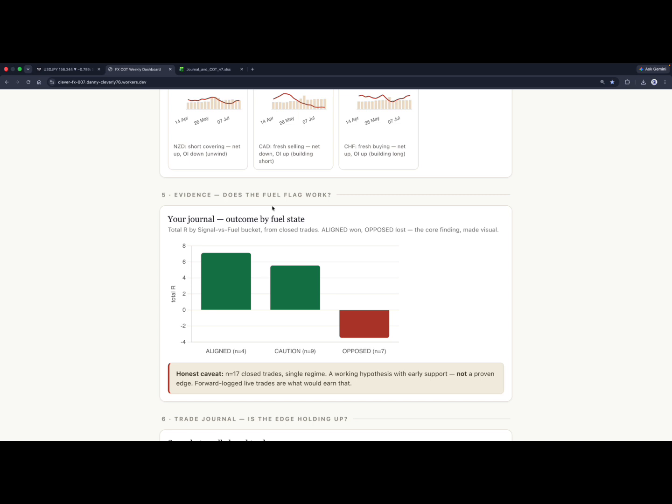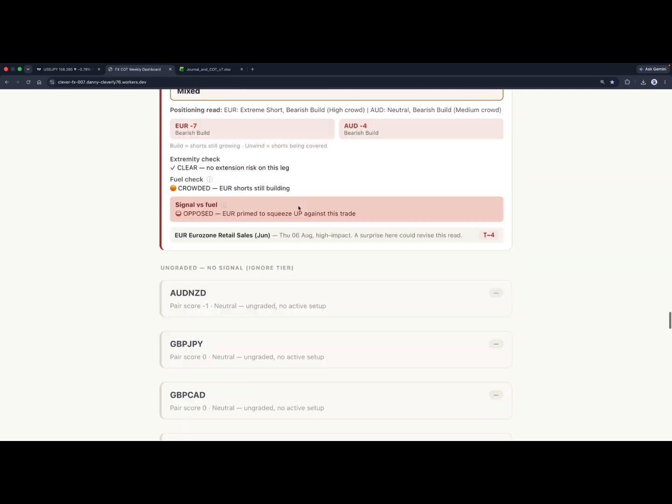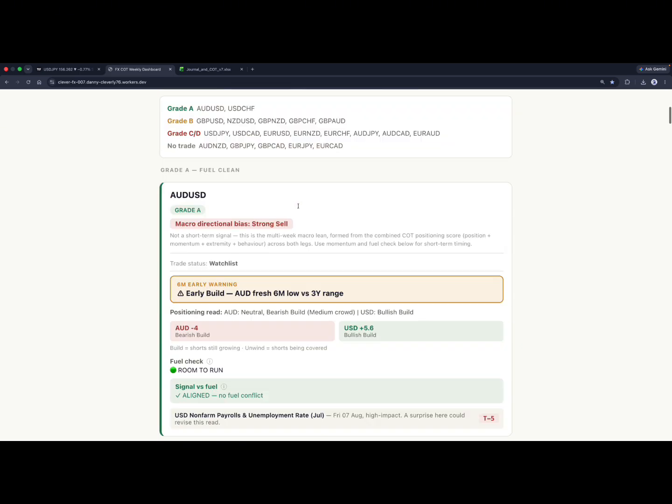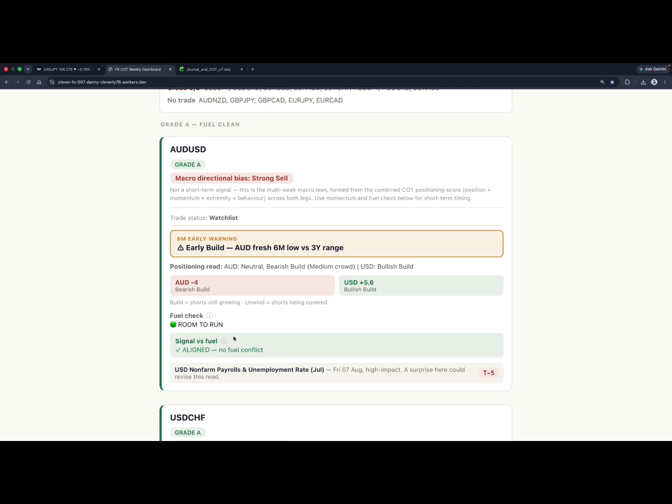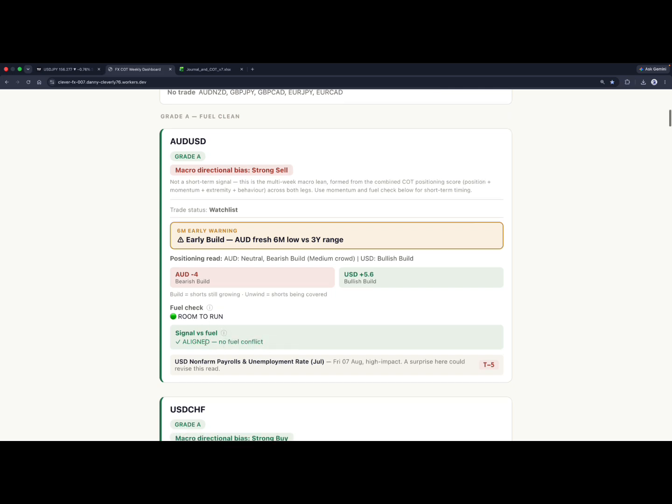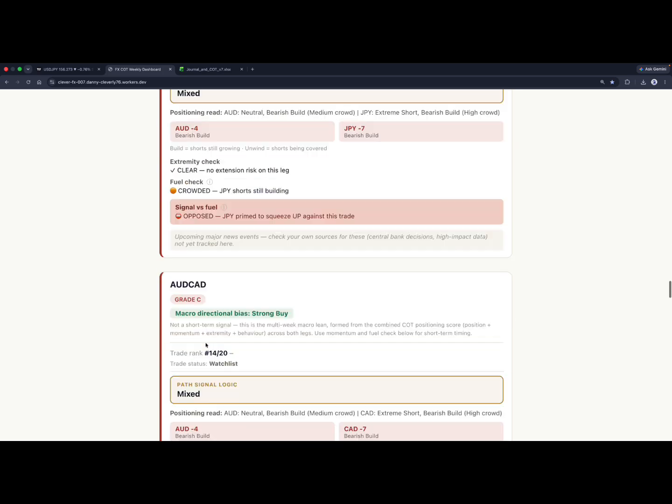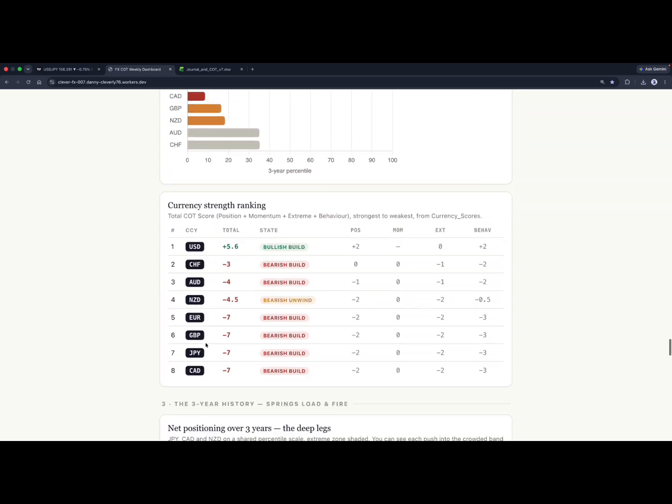Evidence, does the field flag actually work? And yes, it does. So trades that are aligned. So we want to go to the top, right? These ones here. So it's aligned, signal versus fuel. The trades that are cleaner by far have the better win rate.